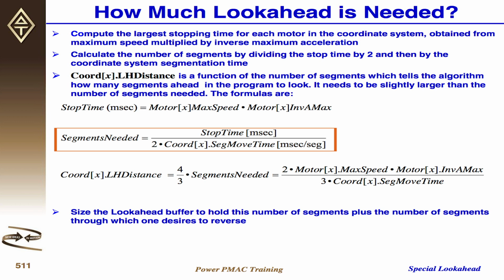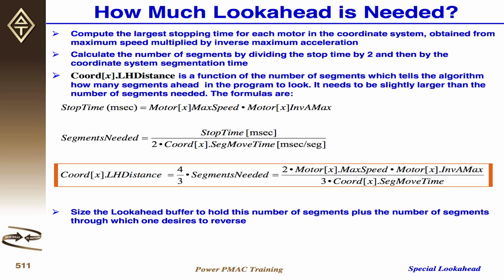Then you find the segments needed. Once you find the segments needed, the formula is chord x dot lookahead distance equals 4 times segments needed divided by 3. If you put all this together, the final formula will be 2 times the motor x max speed times motor x dot inverse A max, divided by 3 times the chord x dot seg move time.